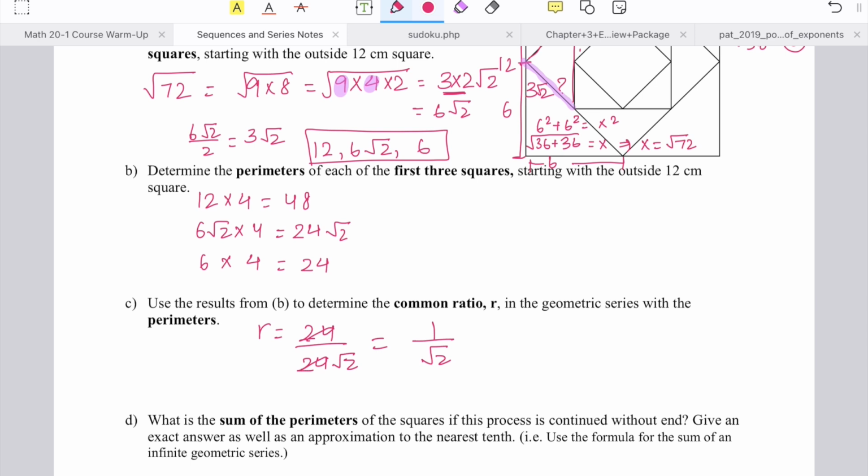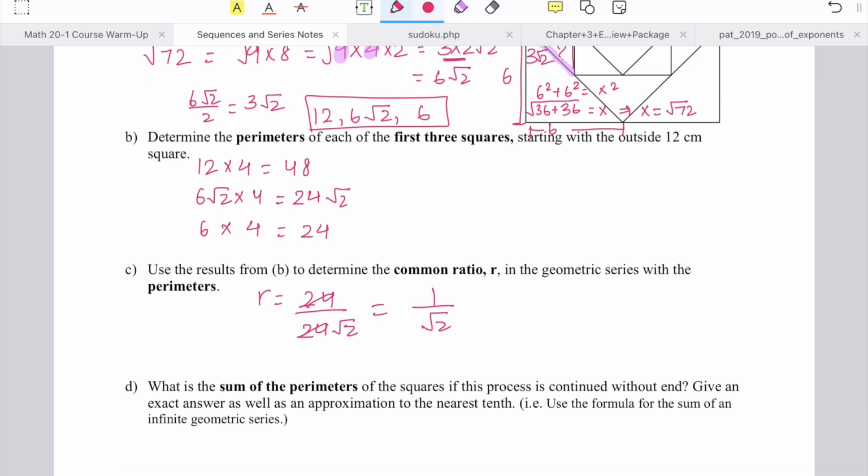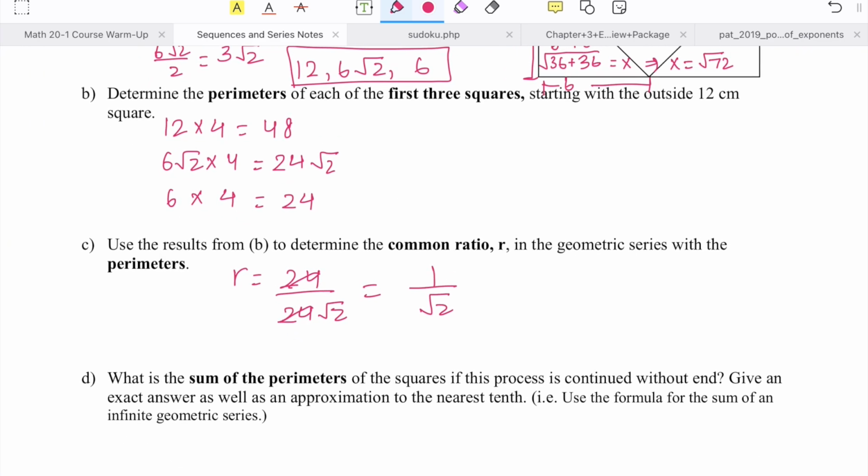So how can we rationalize this? That would just be the exponent, root 2 to the power of -1. But how can we not have the square root in the denominator? When we rationalize, we multiply both numerator and denominator by root 2, right?